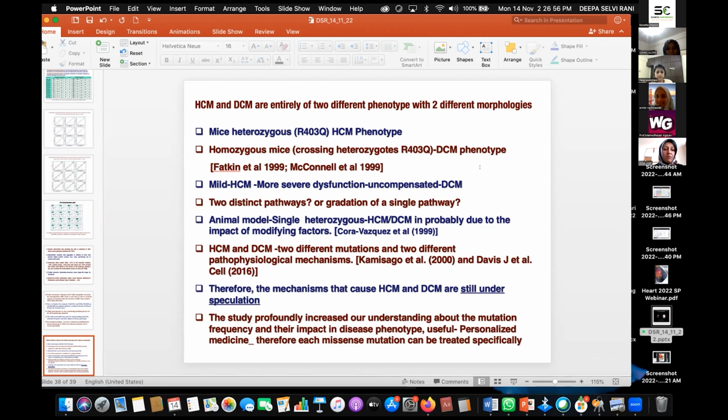When it is uncompensated, we leave it like that, and it becomes DCM, either two distinct pathways or a gradation of a single pathway. In the animal model, a single heterozygous mutation can give rise to HCM and DCM probably due to the impact of modifying factors. Or HCM and DCM are two different mutations with two different pathophysiology mechanisms. Therefore, different views exist. But the mechanism that causes HCM and DCM is still under speculation.